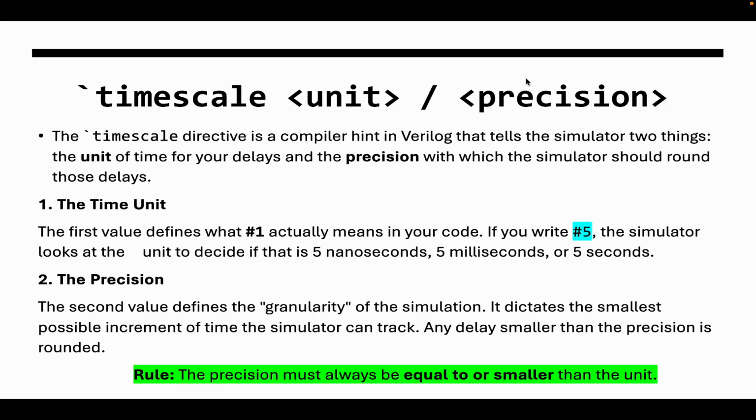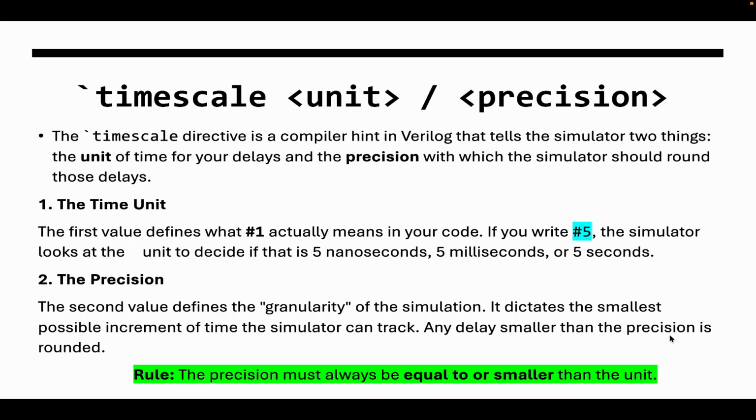The second value is for precision. Sometimes, if I write 5.25 here, your question will be whether the 0.25 is considered. The second value defines the granularity of the simulation, the smallest possible increment of time the simulator can track.